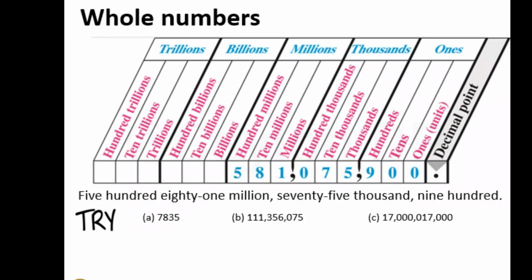Main thing, first thing, is to identify the whole numbers. අපි කියන්නේ පූර්ණ සංඛ්‍යා කියලා. In here I have mentioned the points: ones, thousands, millions, billions, trillions. Likewise, when we are calculating something, we have to use the exact numbers.